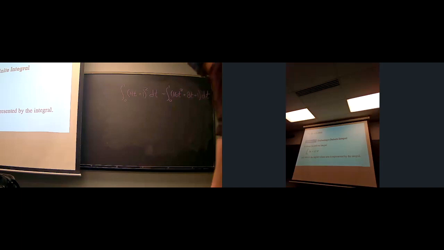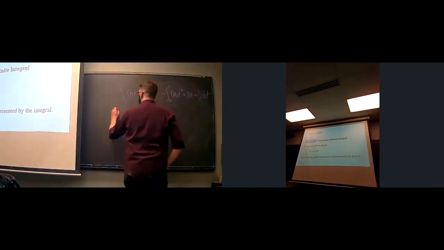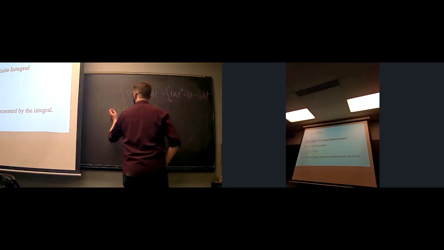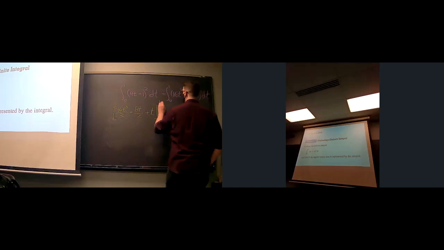And now, doing all the math, this is going to come out to be 16 t cubed over 3 plus 8t squared over 2 plus t evaluated from 0 to 1.